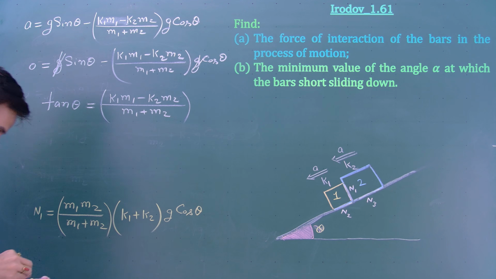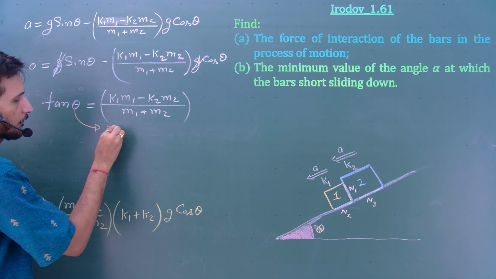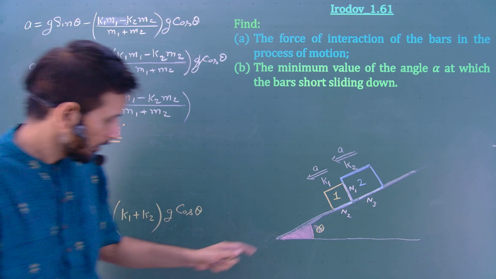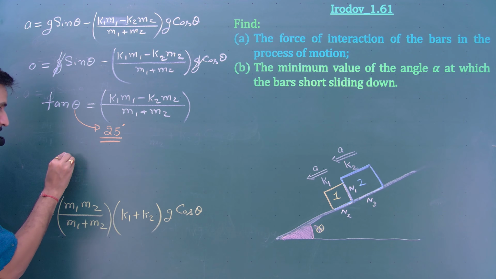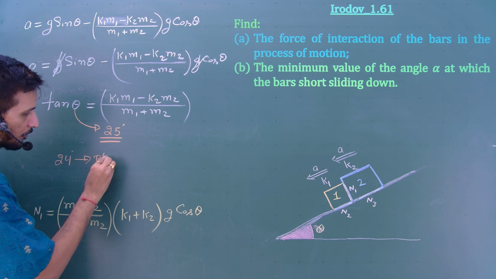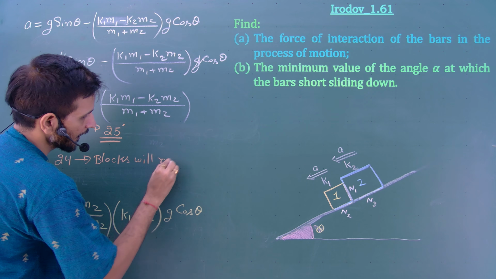So I don't know the number for theta, but for understanding let me say that theta is 25 degrees. If you make angle theta such that it is 24 degrees, it means the blocks will not slide.